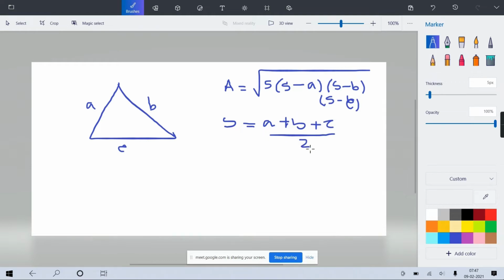So you have to add all 3 and divide by 2, and whatever S you get, you have to substitute here. So S, then S minus A, S minus B, S minus C, and then display it. Okay? So the formula you got to know. Now using this formula you can calculate, I hope. Right, no?